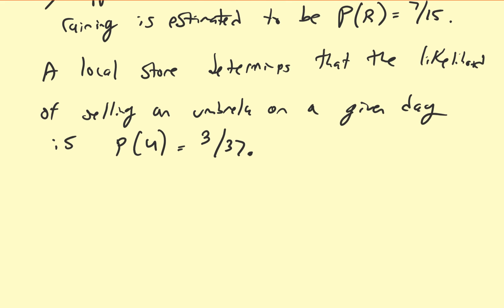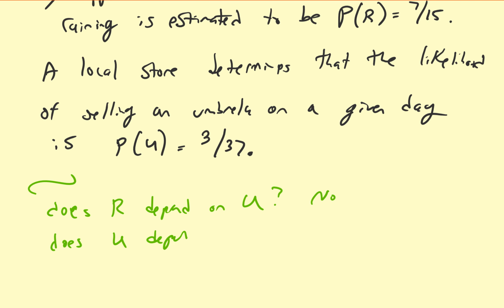Now, you may be asking, does R depend on U? Actually, no, because rain doesn't care about U, right? So usually it's no. You may also ask, does U depend on R? You may answer yes, and I probably would agree with you.